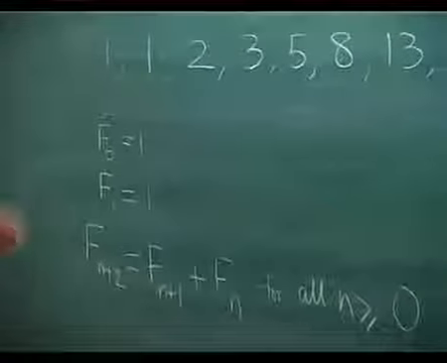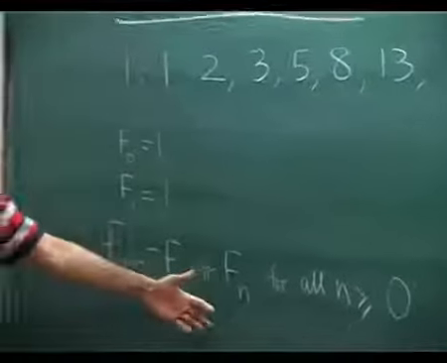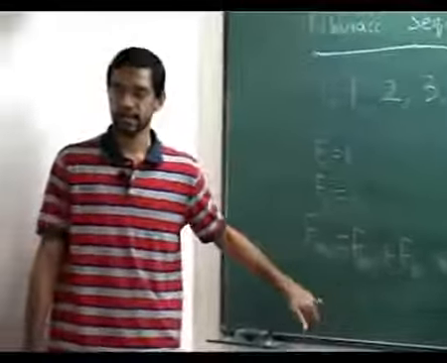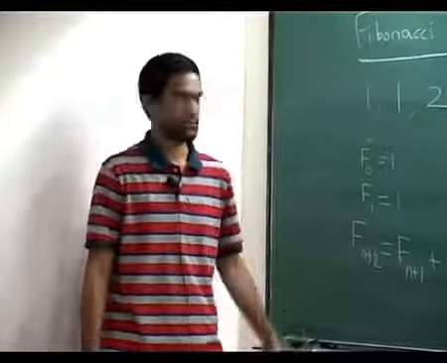So I am looking at this as a sequence, and clearly this is the key thing. It's called the recurrence relation. It tells us how to get the next term once you know the preceding terms.